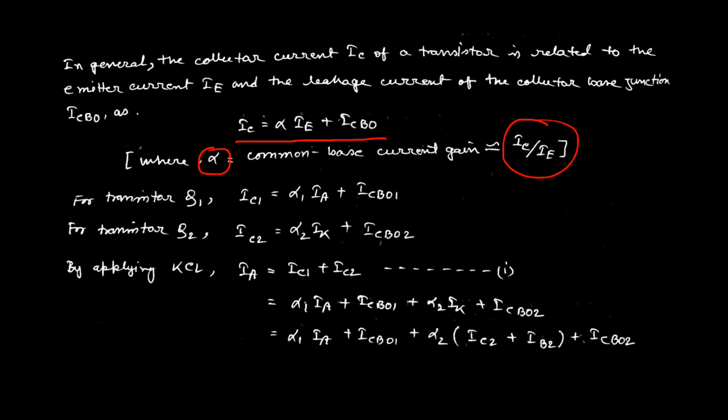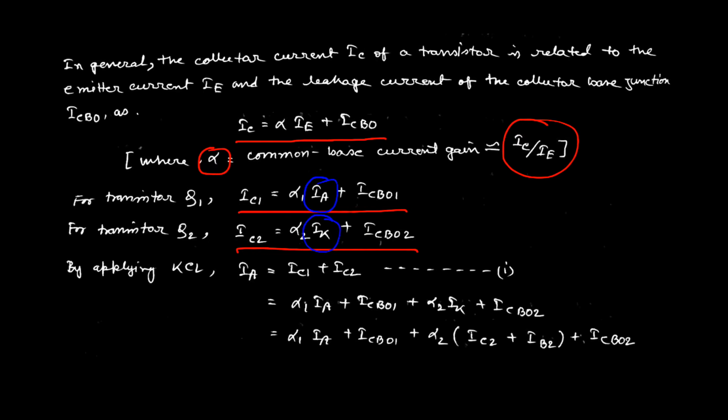In this particular case, as we assume two transistors Q1 and Q2, we can modify that equation like IC1 equal to alpha 1 IA plus ICBO1 and IC2 equal to alpha 2 IK plus ICBO2. Now the question is, what is IA and what is IK?